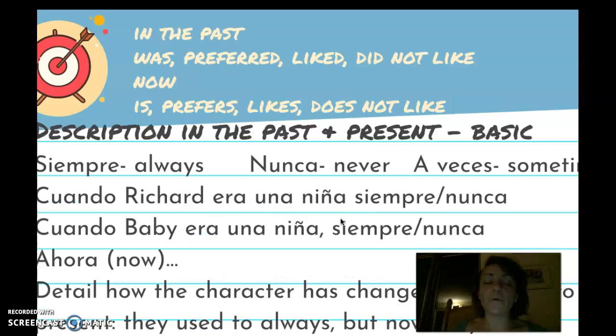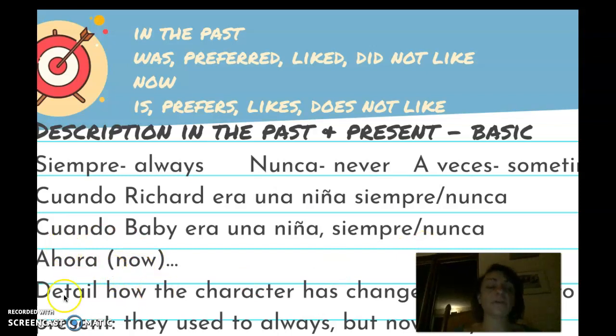It's helpful to distinguish the characters' likes and dislikes and their general personalities. So cuando Richard era una niña, remember we said Richard was a girl, woman, even though it's traditionally in our culture a male name. Cuando Richard era una niña, siempre or nunca. Cuando Baby era una niña, siempre o nunca.